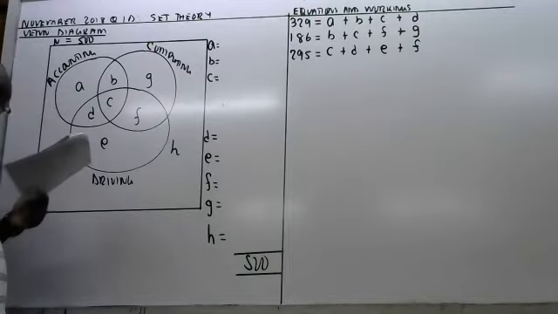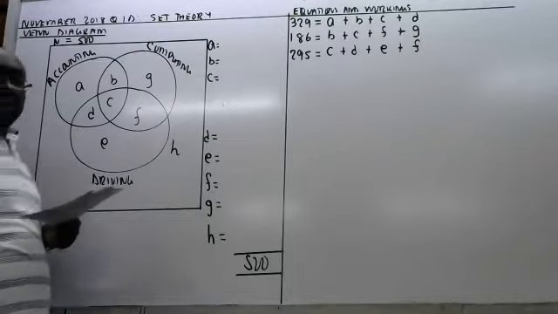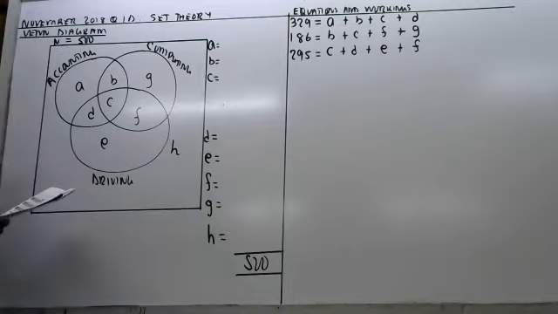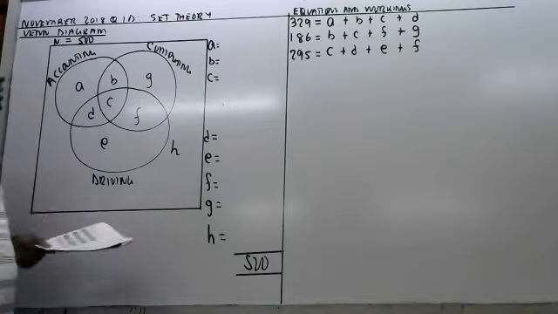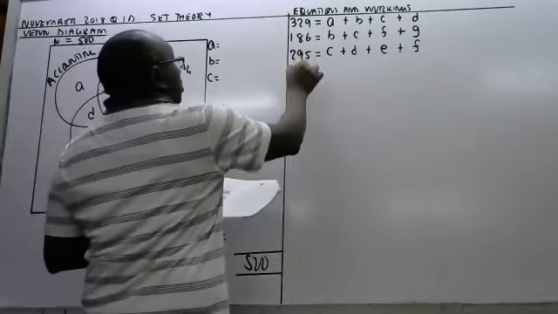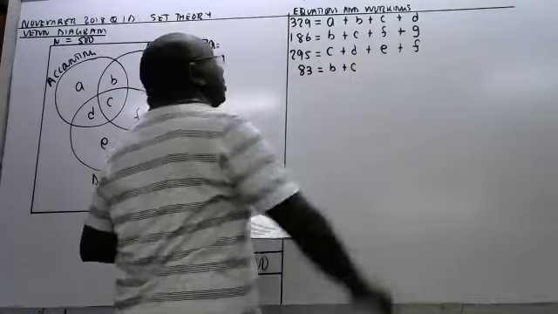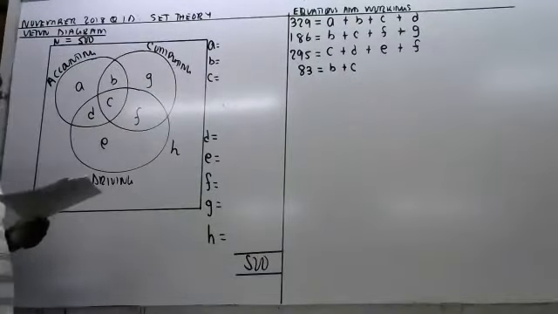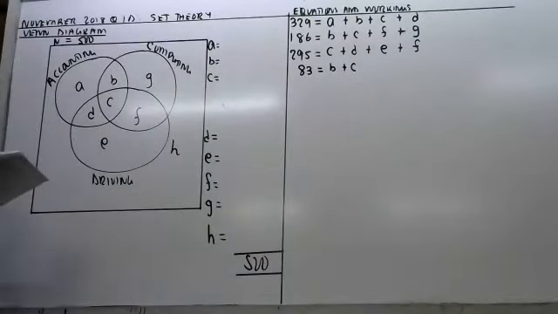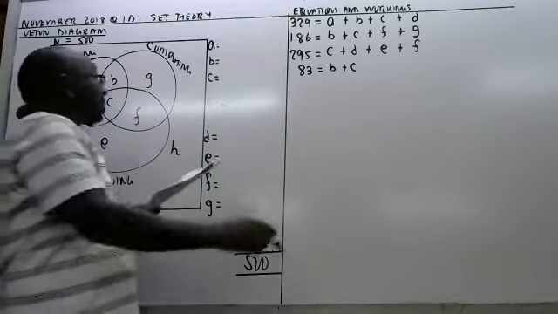Then 83 were taking both accounting and computing. So accounting and computing inside here is BC. So 83 is B plus C. 217 were taking both accounting and driving. So accounting and driving is CD.